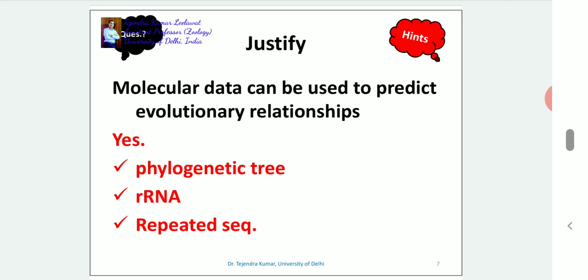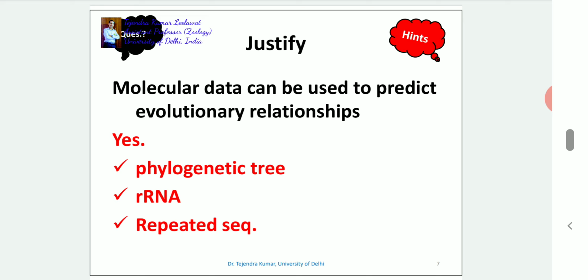These are called repeated sequences. On the basis of these repeated sequences, we generally identify how similar we are to our ancestor, and how any species differs from its other ancestor or neighboring species.